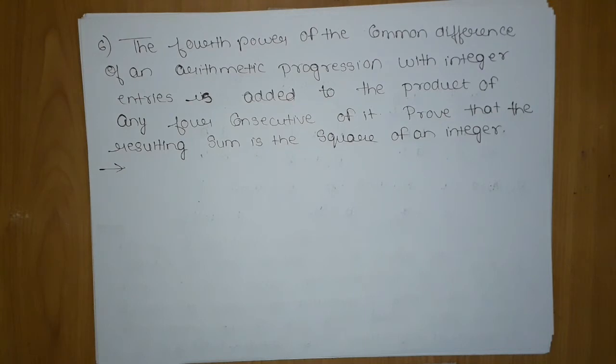The fourth power of the common difference of an arithmetic progression with integer entries is added to the product of any four terms. Prove that it is the square of an integer.